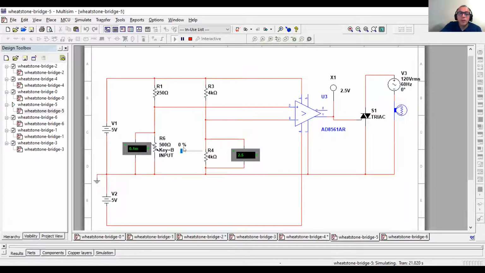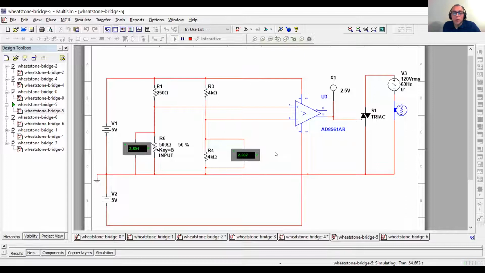But as it gets darker, you see the input, R6, the photoresistor, is getting higher, and that voltage is getting higher. So what happens now is when we hit a point where VA exceeds VB, this is VA, this is VB, 2.51, 2.507, so we still have a 0 on here.